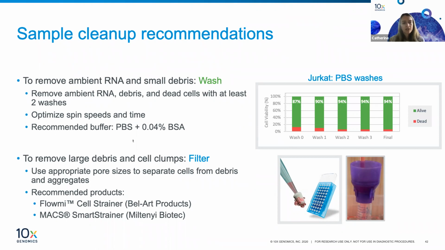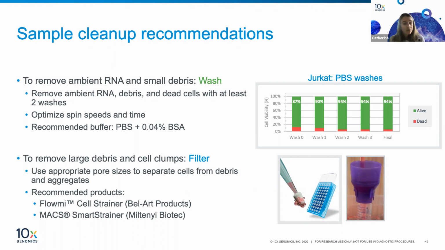We recommend using PBS with 0.4% BSA for our washes, but of course this can be substituted with various common culture buffers. And on that Q&A section of our support page, we have a list of other cell culture buffers that we've used successfully with the 10X solutions.